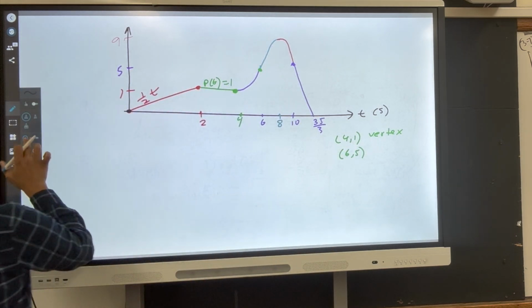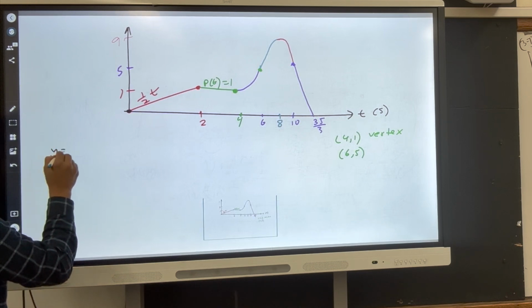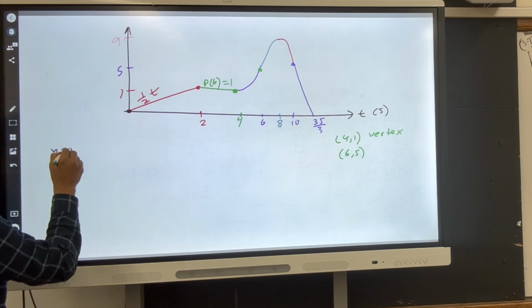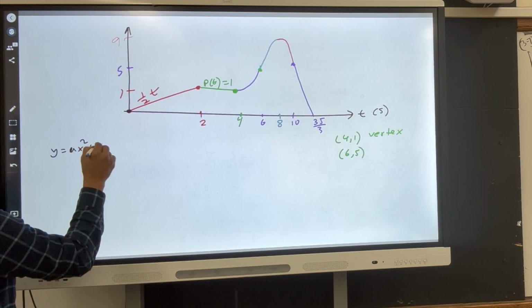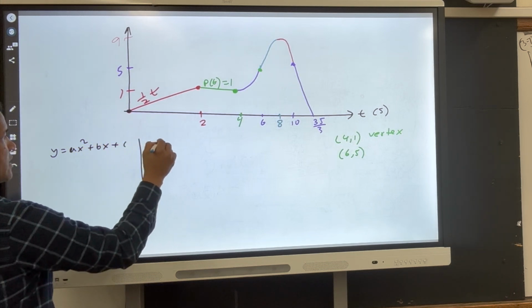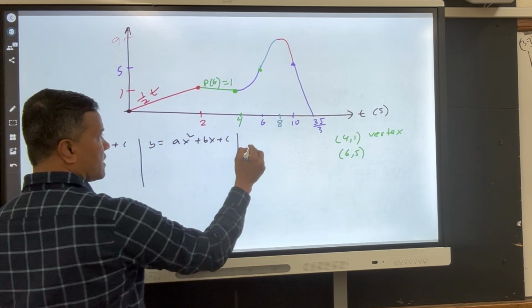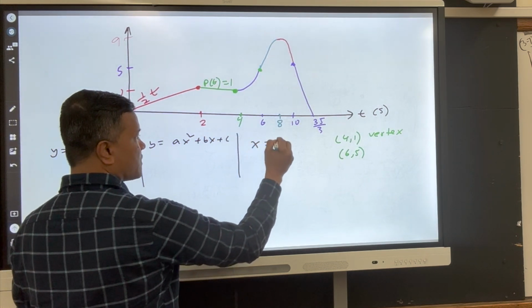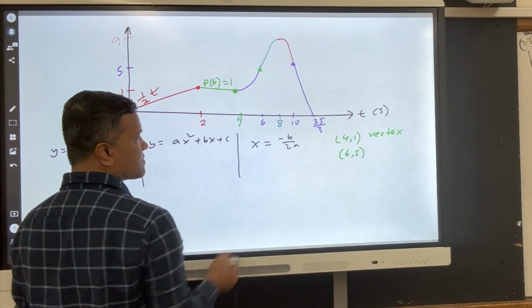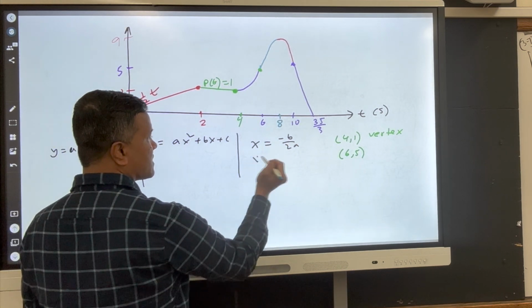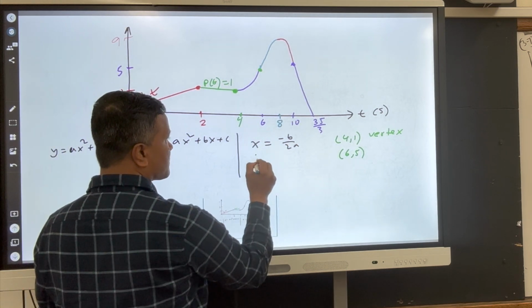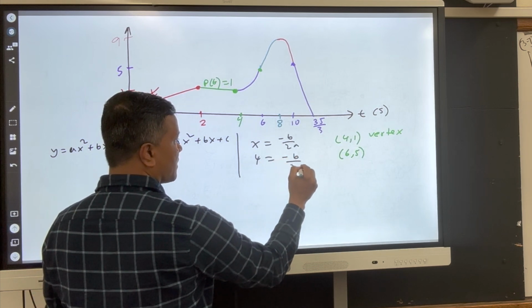So let's do the math. y equals ax squared plus bx plus c, and x is equal to negative b over 2a. This is the vertex formula. So what is the vertex? x is 4, equal to negative b over 2a.